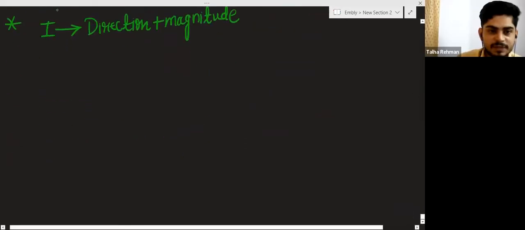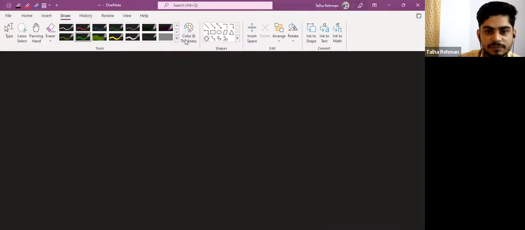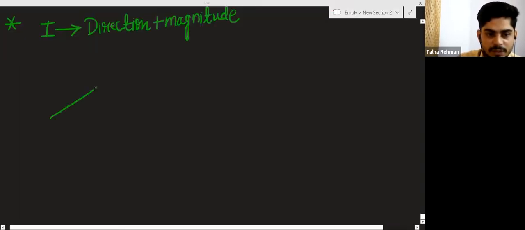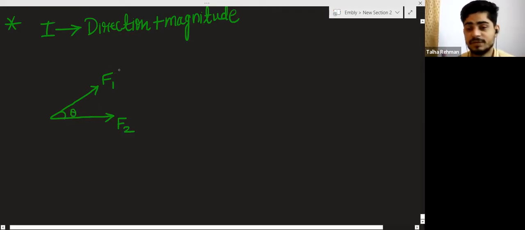Please listen carefully, this is a very critical point. Here is a force F1, and here is another. There are two forces at an angle theta, and force is a vector. Force has magnitude, direction, and will always follow the law of vector addition.